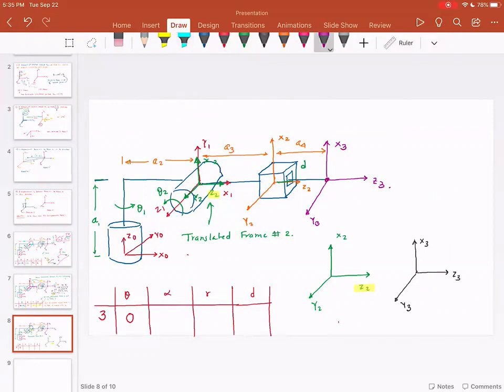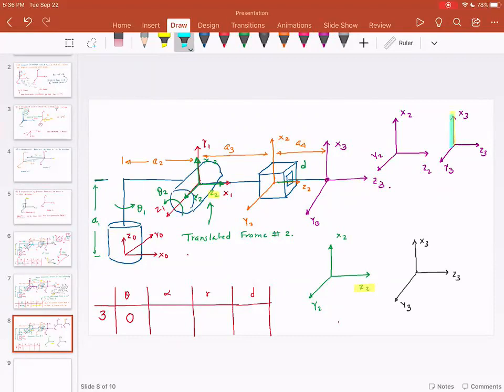I'm going to draw this again for reference. X2, Z2, Y2, you have Z3, X3, Y3, and now my rotations are going to be around X3.